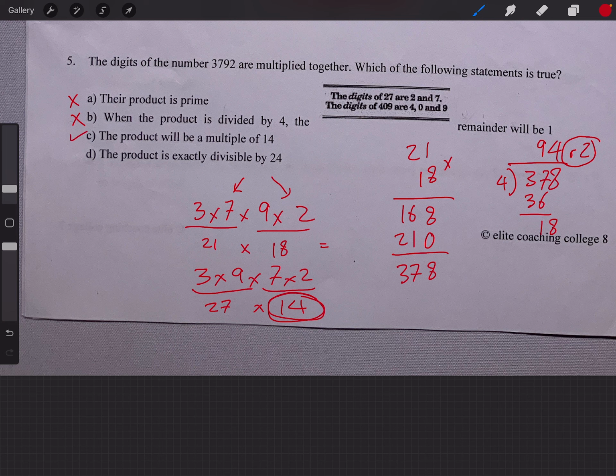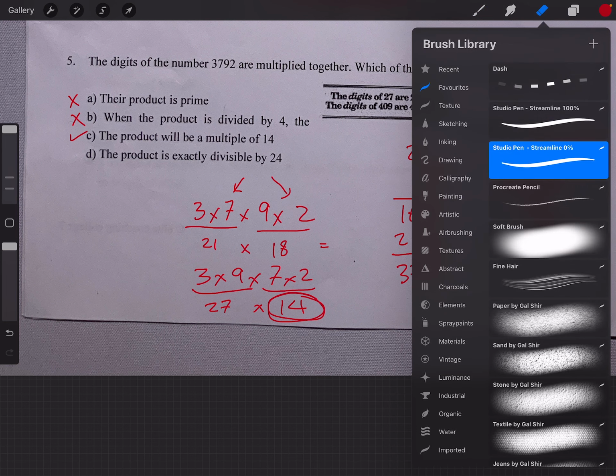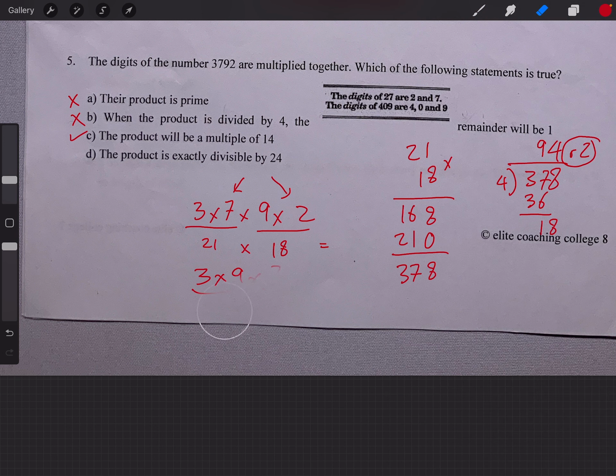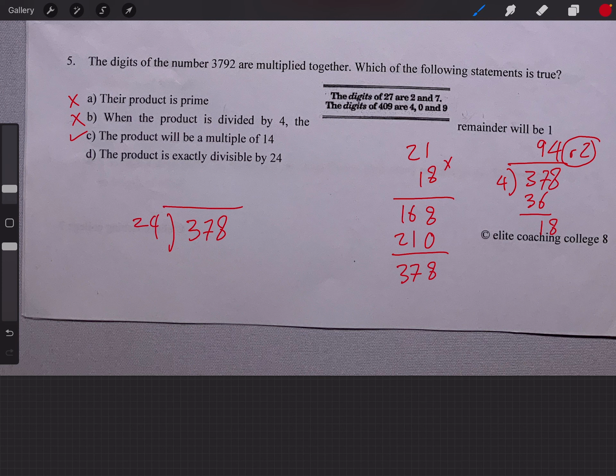Now the last one. The product exactly divisible by 24. I don't think it'd be divisible by 24. Wait, can it? Let's give it a try. So let me rub all this stuff out. 378 divided by 24. 24 into 37 once.